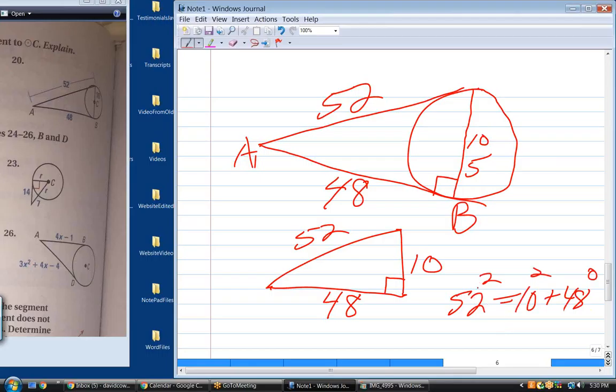Well, again, 52 squared ends in a 4. This ends in a 4. That may very well be possible. You have your calculator? Can you figure that out? Yeah. I suspect it probably is equal to it. And that makes that a right angle.